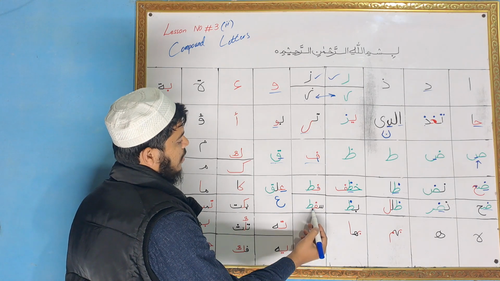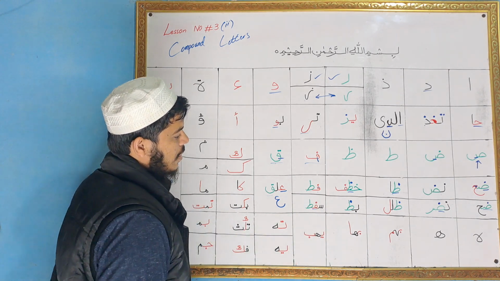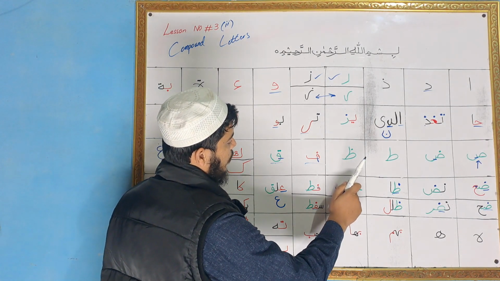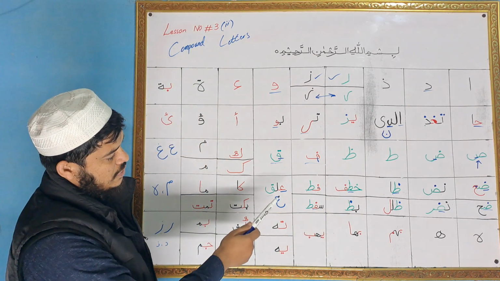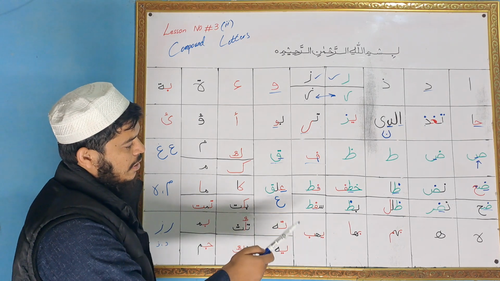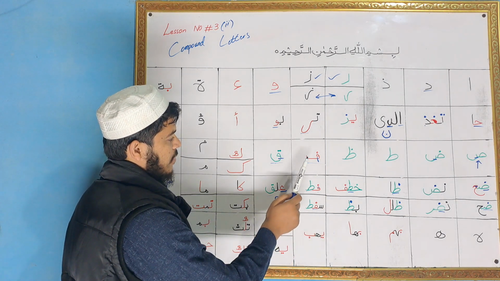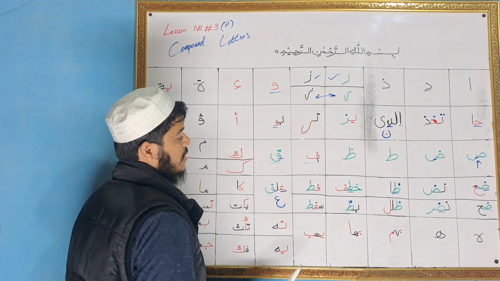As a middle letter it will be like that: Sin, Fa, Ta. As a last letter it will be like that: Kha, Ta, Fa. So now we are aware of what type of shape Fa will have as a beginning letter, as a middle letter and as a last letter.